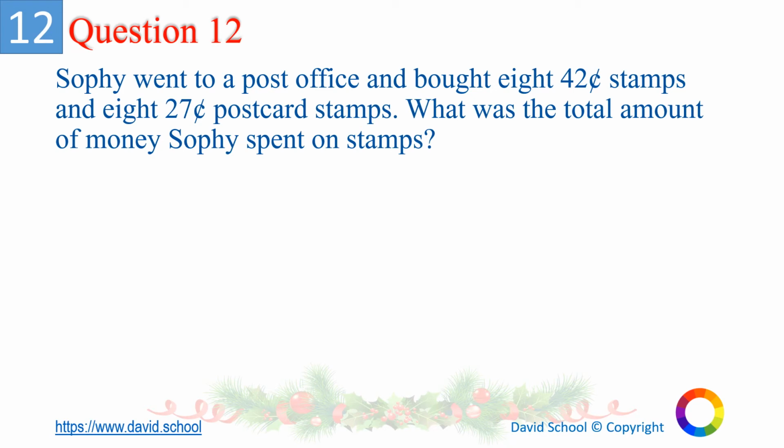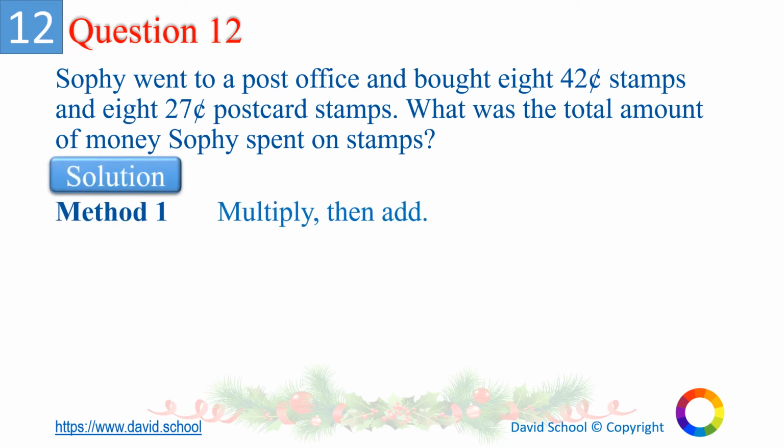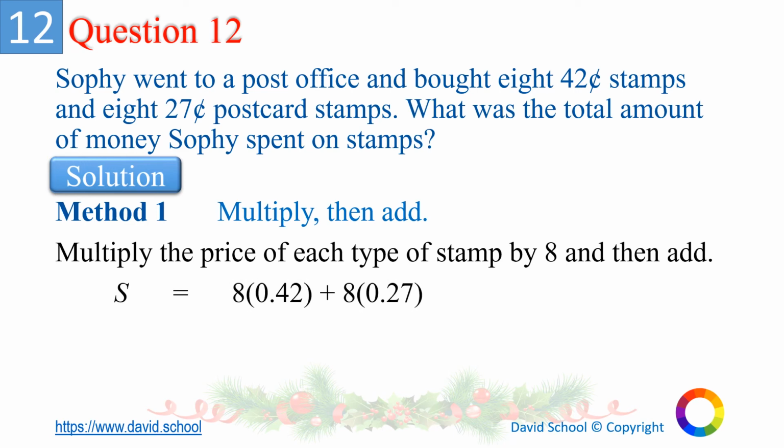We can solve this problem using two different methods. In the first method, we multiply then add. Multiply the price of each type of stamp by 8, then add. 8 times the price of each stamp and 8 times the price of the postcard stamp. Then simplify, we get 5.52.